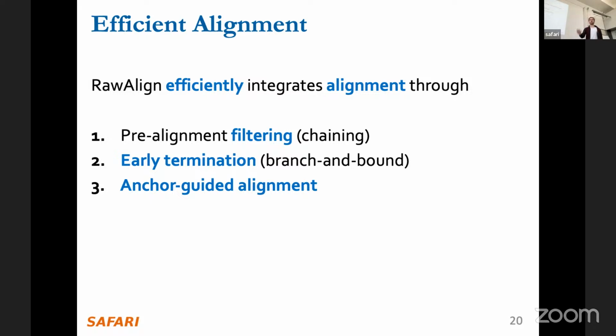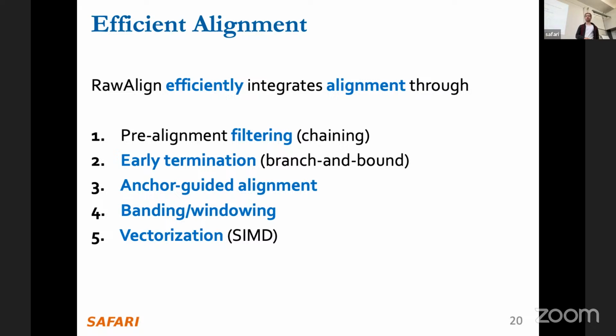We actually don't do alignment for all chains, only the ones that look promising. We have anchor-guided alignment, where somehow the information we get from chaining reduces the number of entries we need to calculate. And then we can do some banding windowing, which essentially means we only follow the diagonal in the dynamic programming table instead of the full table.